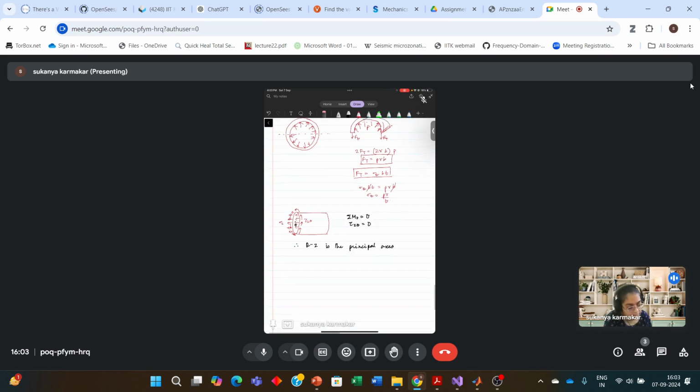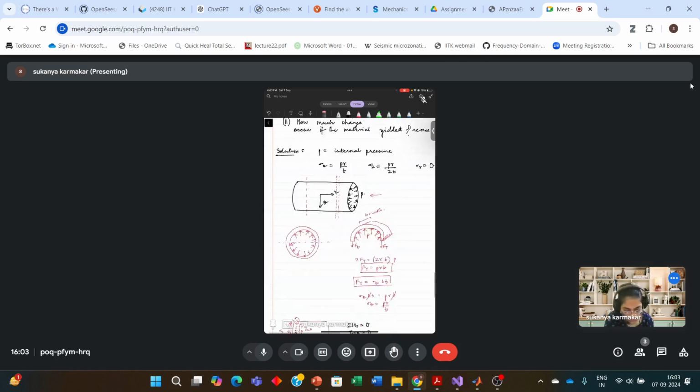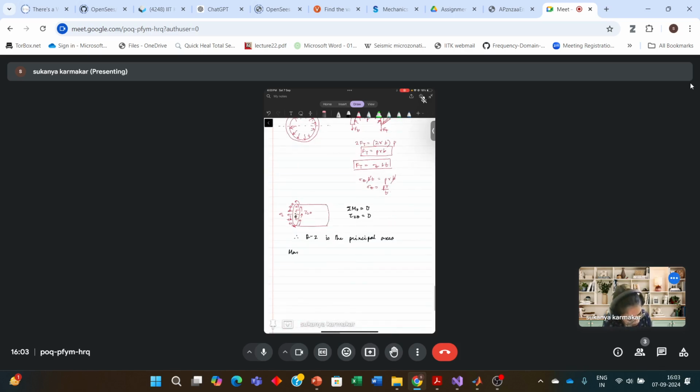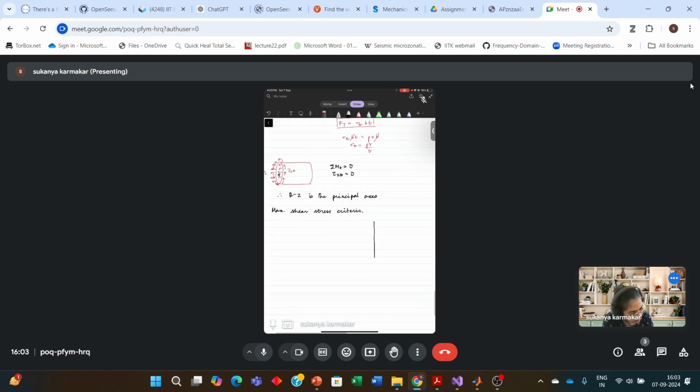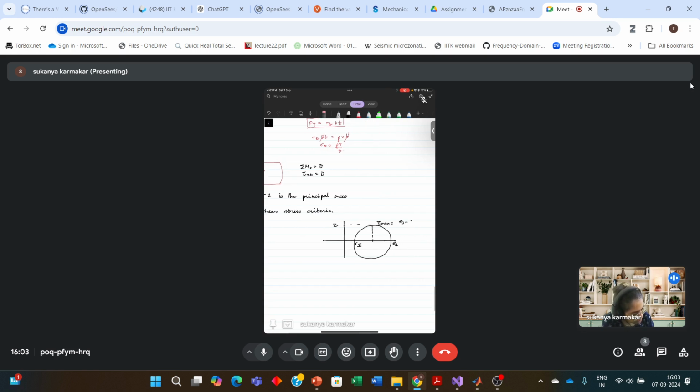Now we will use the maximum shear stress criteria. From the Mohr circle concept, we know that, let's say this is major principal stress, this is minor principal stress, this is shear stress. So maximum shear stress tau max is major principal stress minus minor principal stress by 2.